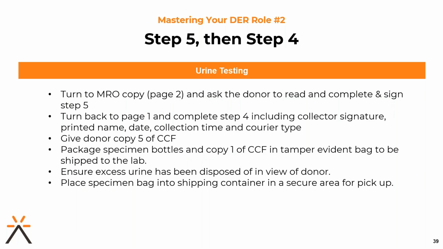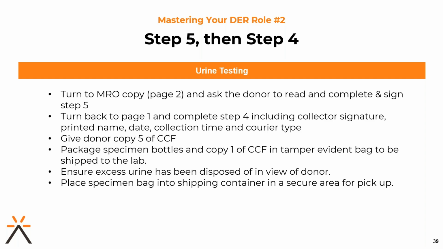Then this is weird, like all of our math goes away, right? We know 1, 2, 3, 4. Actually, we're going to go 1, 2, 3, 5. The collector is then going to open up the document to page 5, and that's where the donor is going to read and sign the instructions and then sign and date it. It's because that top copy doesn't have a donor name on it. It only has that ID number on it.